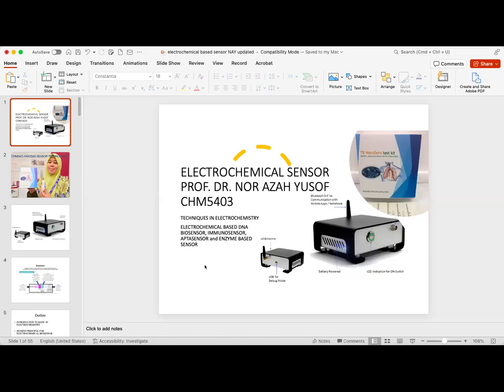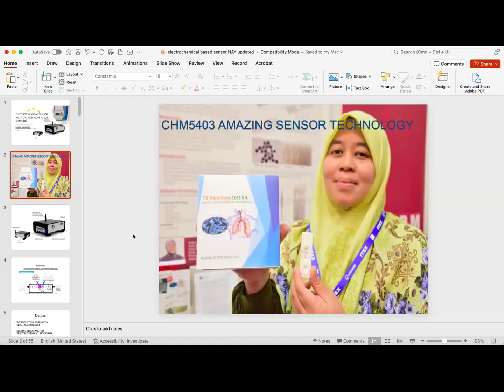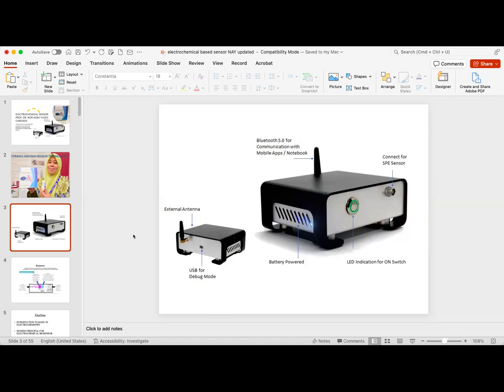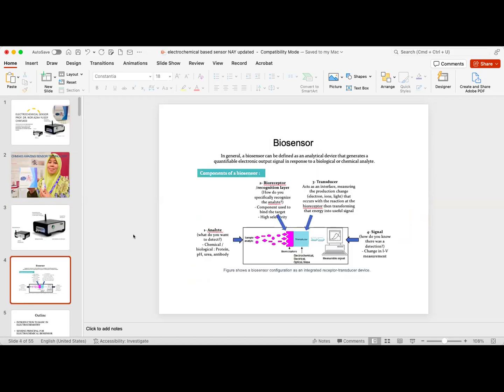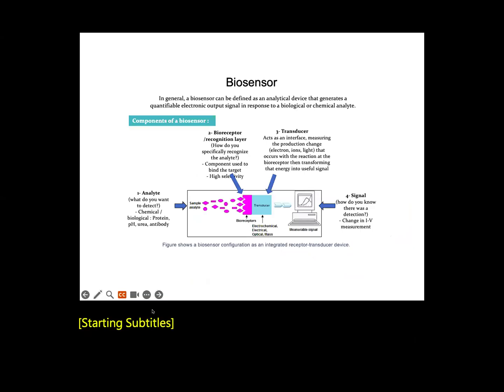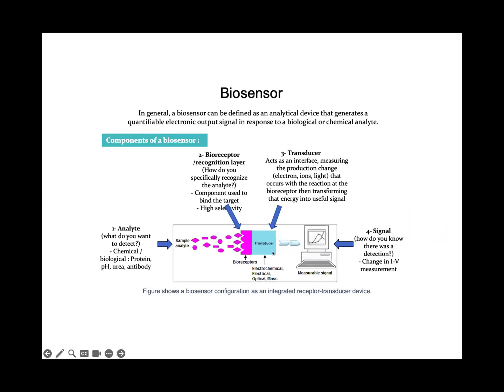So I hope that you at least understand the fundamentals, because before we proceed to the next slide, which I have shared before, coming back to this picture, it's very important to understand we are talking about this part, the transducer.